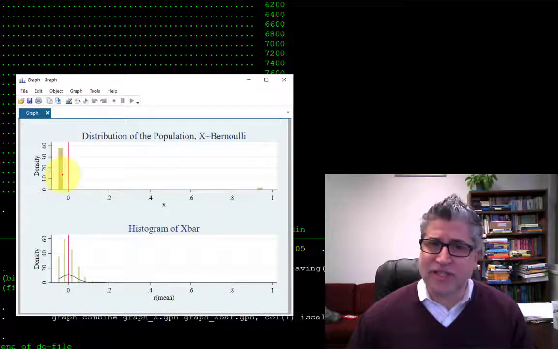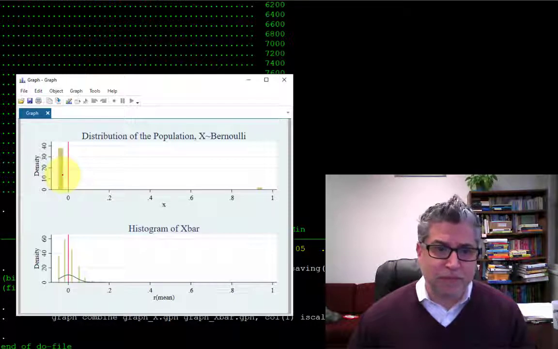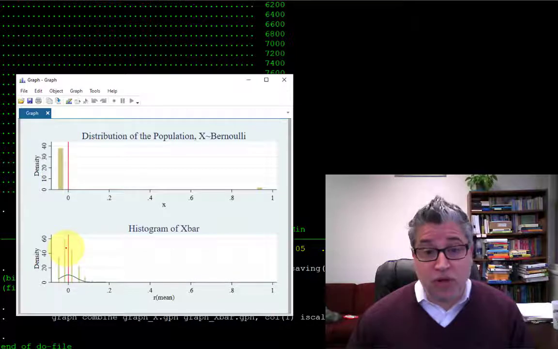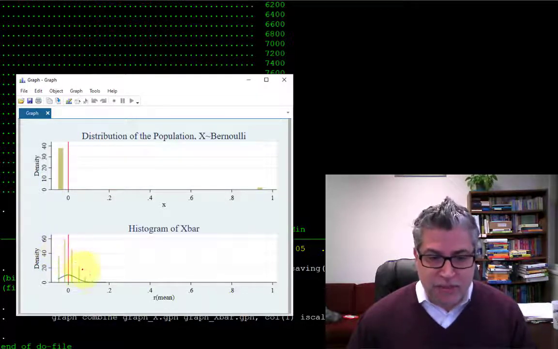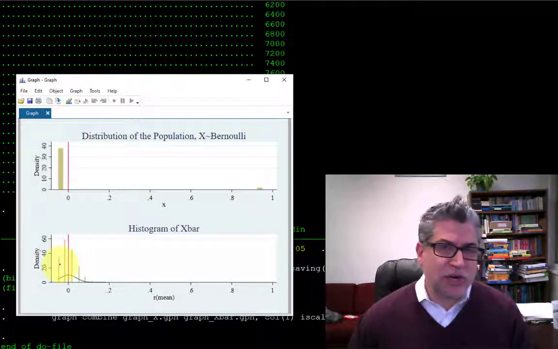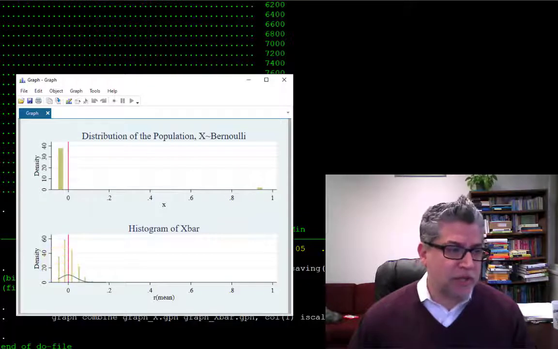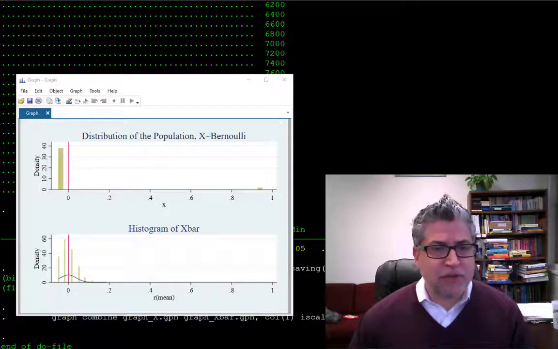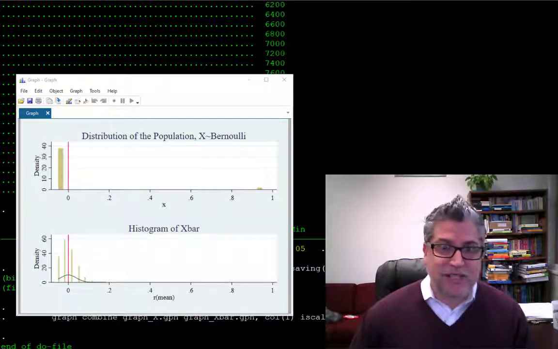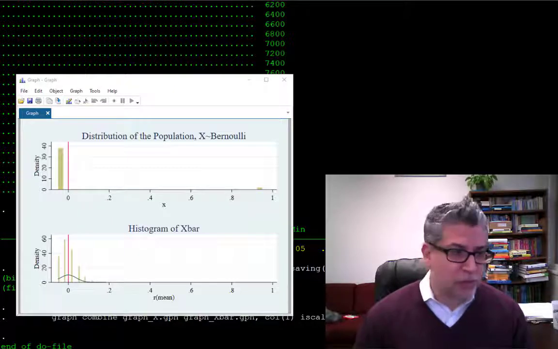It's binary, it's not continuous, it's very skewed, and we took a small sample of only 30 people, the sampling distribution is starting to tend towards something that's a little normal. So yeah, if you're sampling from a weird distribution and you got a small sample size like 30, that's not great. What if we had 300?